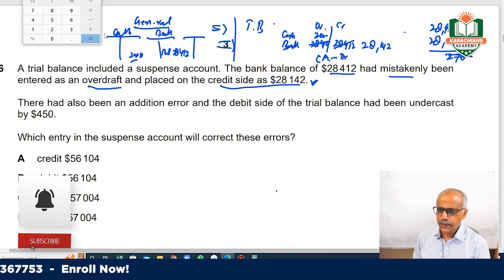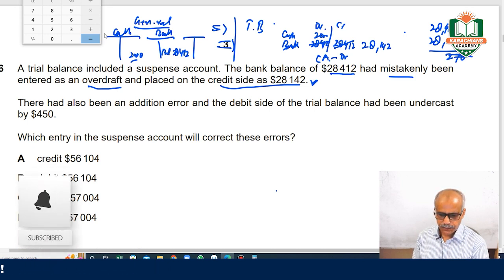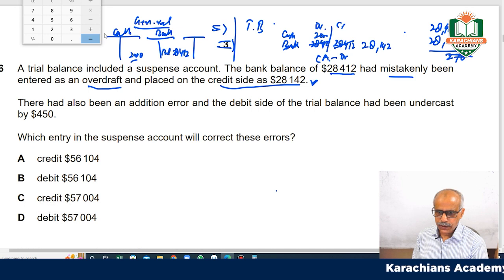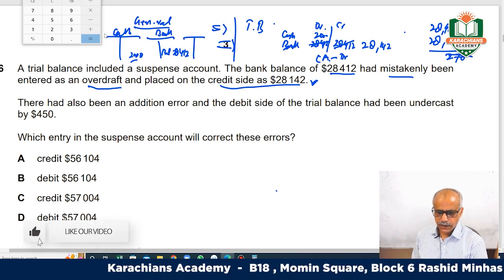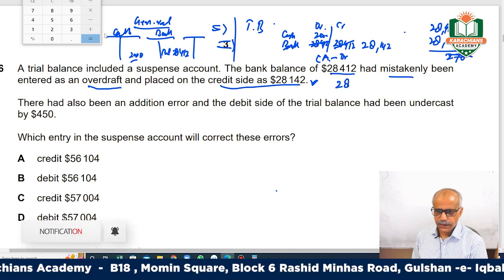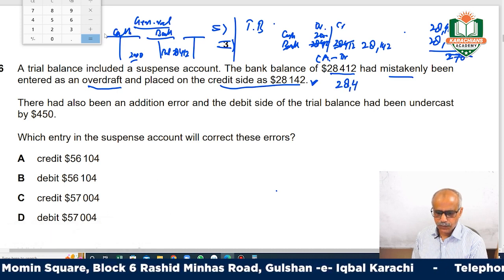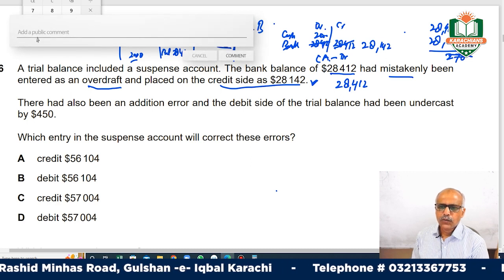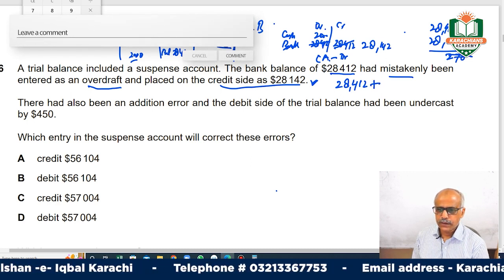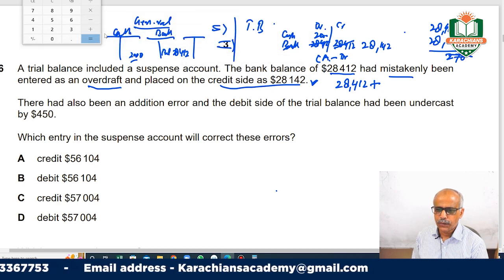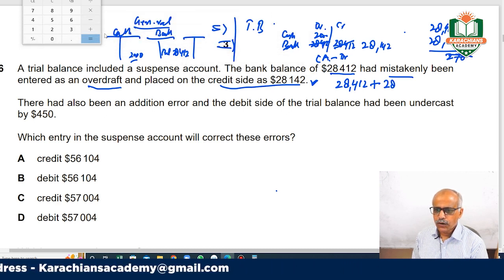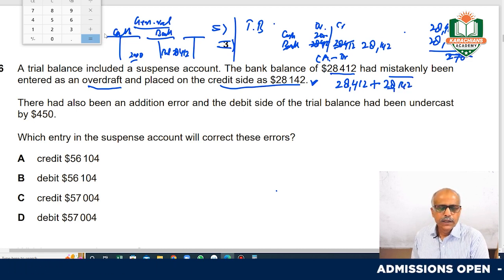And you made this mistake, right? On the debit side you made it short by 28,412, plus you put it on the credit side, it means your debit side again got short, or 28,142, right? So these entries, the total, this was the error.